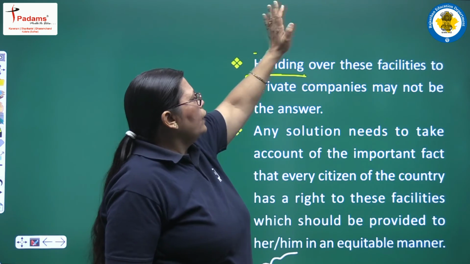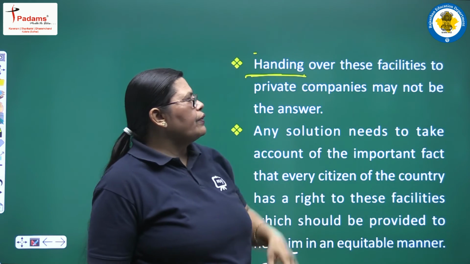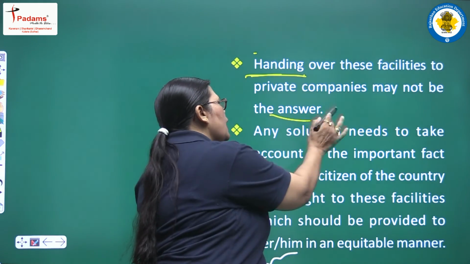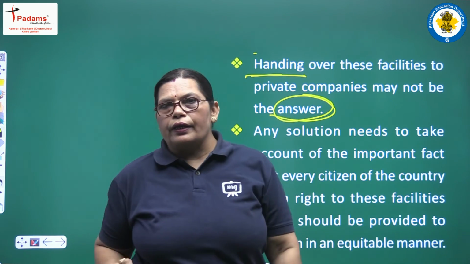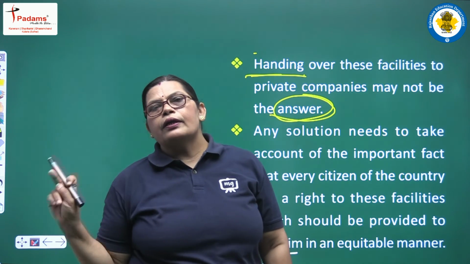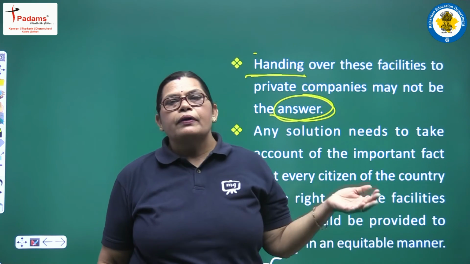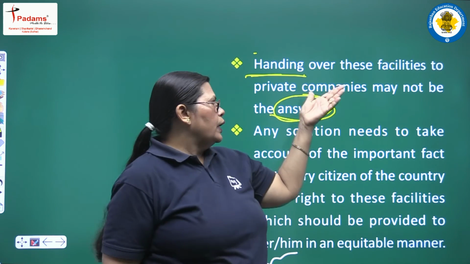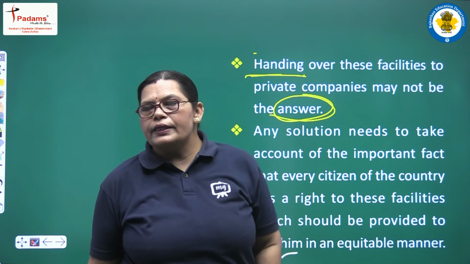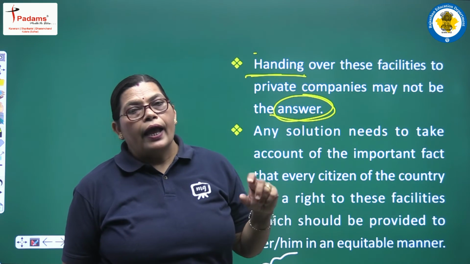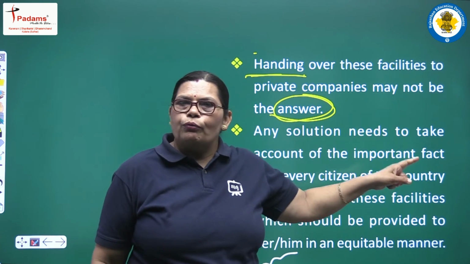Overall, handing over these facilities to private companies may not be the answer to any question. It means it is not the proper way that the government hands over the water supply facilities to private companies and sectors, because this is not the proper way, as we studied in the condition of Bolivia.